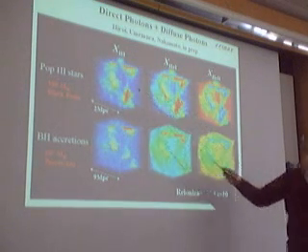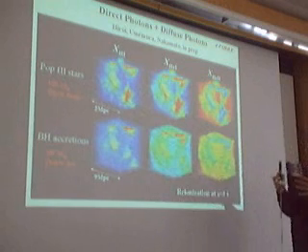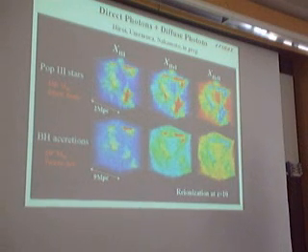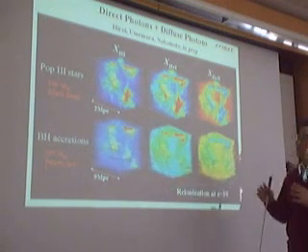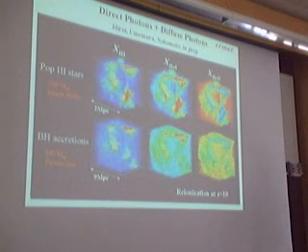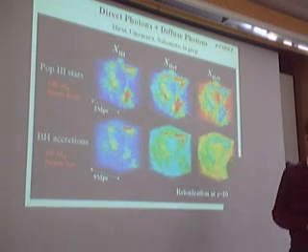If you consider POP3 stars, the HII region is more compact, and if you consider black hole accretion, the HII region spreads, and also the helium ionization is completely different between the two cases.